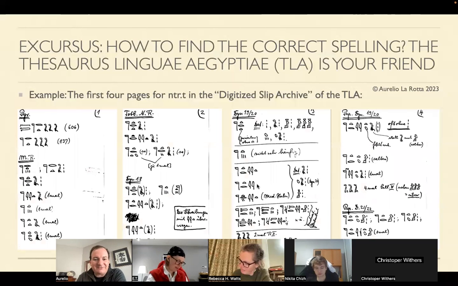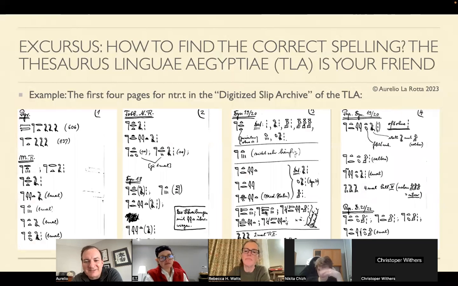All right, then. One thing I wanted to address is the question that Nikita had asked in the beginning about spellings, something that's really helpful, at least for me, as I'm putting these together. Spellings change over time. And so how do I know that the spellings I'm showing you are really correct for late Egyptian as opposed to Middle Egyptian, pyramid texts and whatnot?